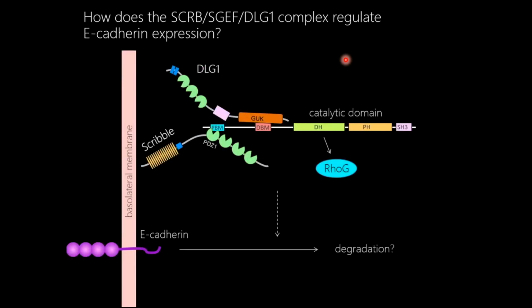Now, the question we want to understand is how this complex of three proteins, with a protein that has an activity to activate a particular Rho GTPase, is connected with regulating the stability of E-cadherin, and how, when we impair the formation of this complex, E-cadherin is downregulated or degraded.